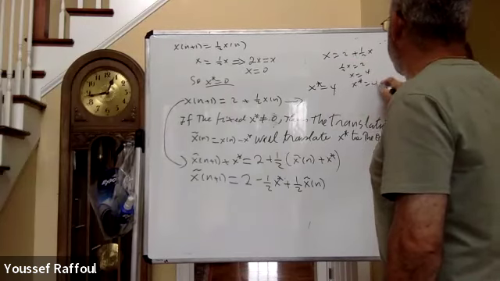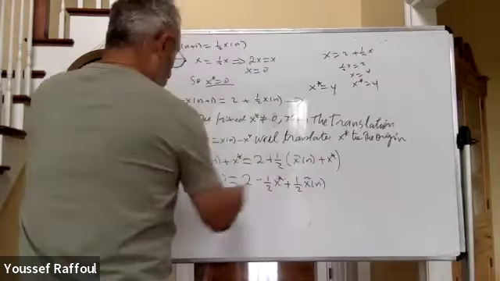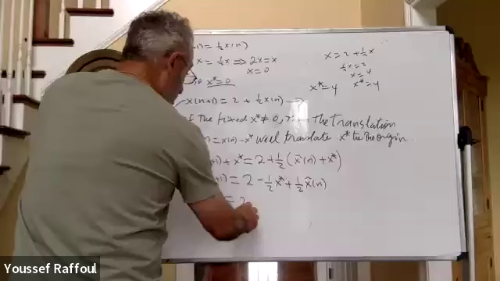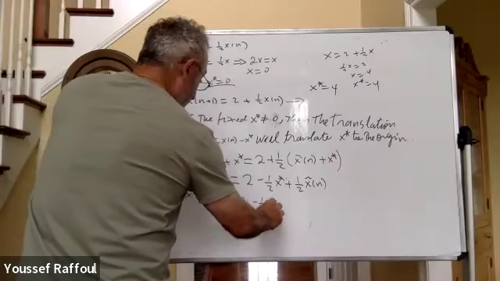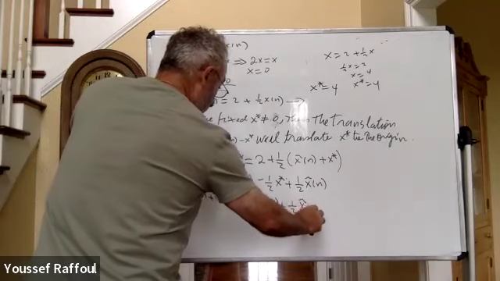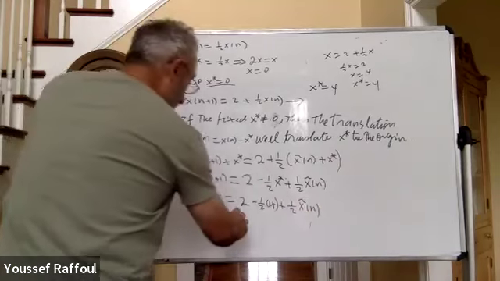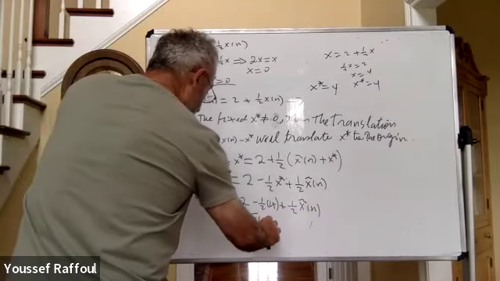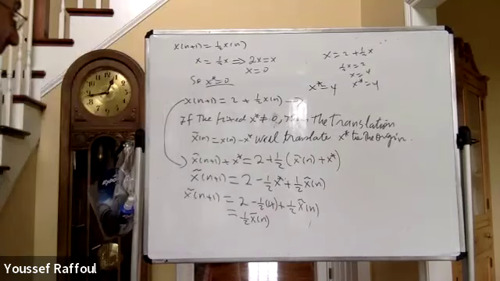So x star is 4. So put it in. Equal 2 minus 1/2 times 4 plus 1/2 x star of n. And that is 1/2 x tilde of n.